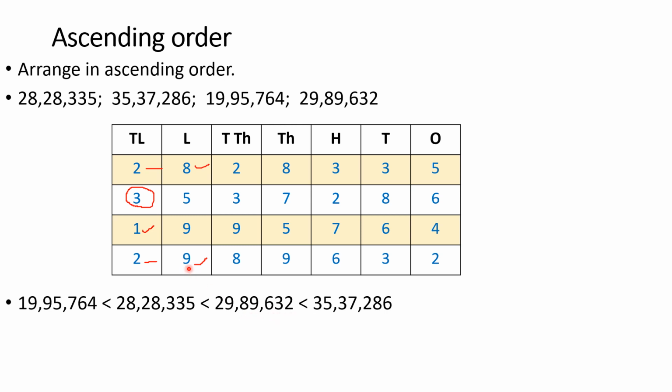This numeral will come. And at last, because 3 is the largest among all at 10 lakhs place, that's why this numeral is the largest one. 35 lakh 37,286. It means it is our ascending order. We can easily find out.